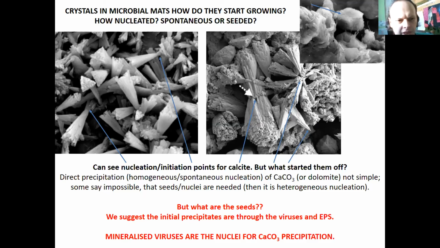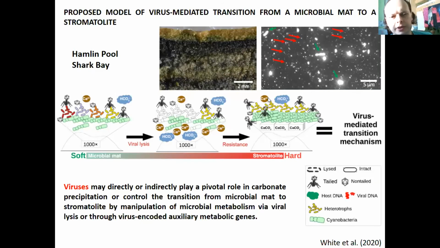So mineralized viruses likely give the nuclei for calcium carbonate precipitation. It's a two-stage process.